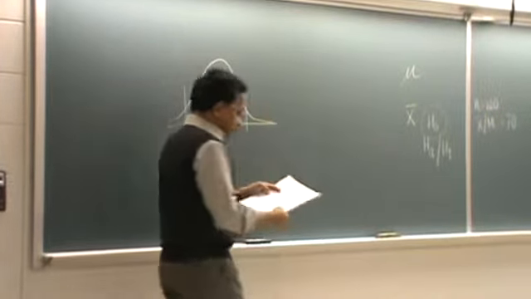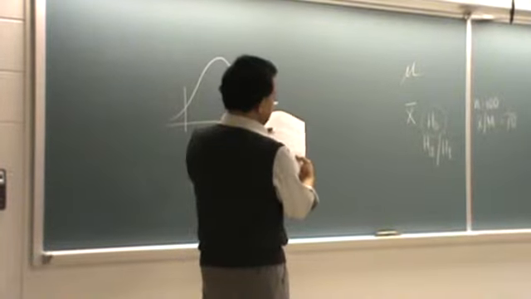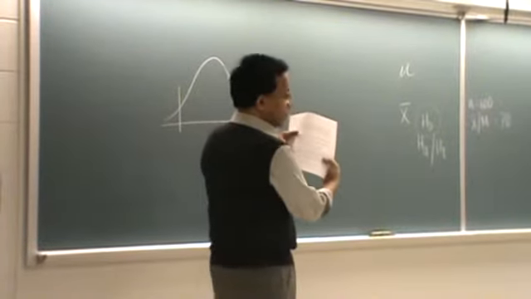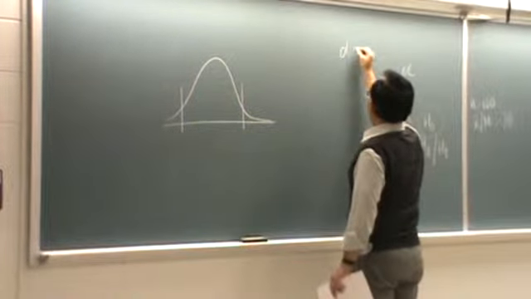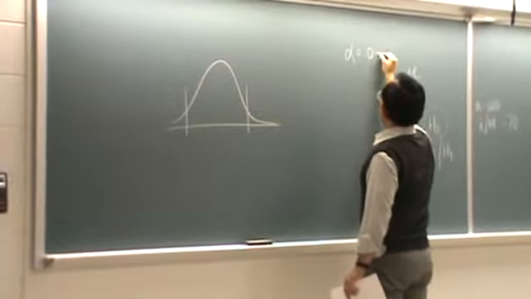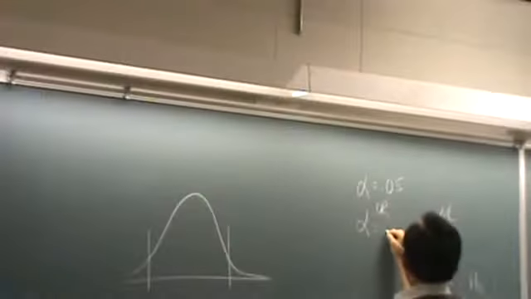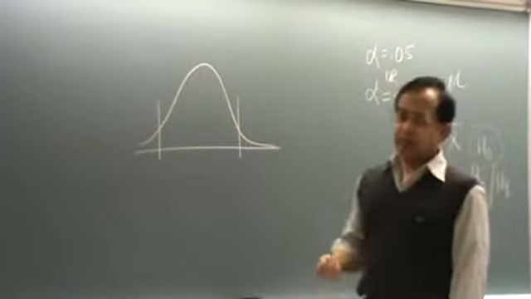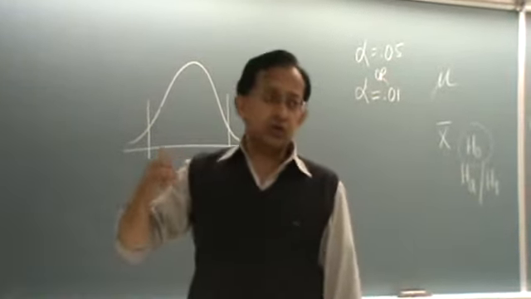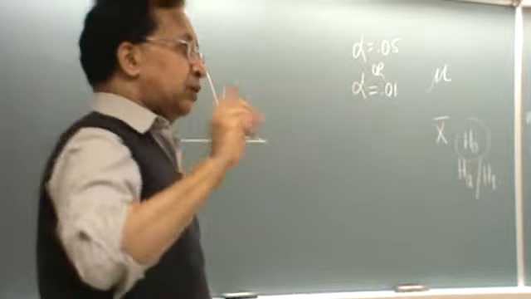When we talk about this alpha, especially in hypothesis testing, if you look at the same section, line number 3, toward the end, either we set it at alpha equal 0.05 or alpha equal 0.01. We rarely set it at 0.000001 simply because, I'll tell you why.